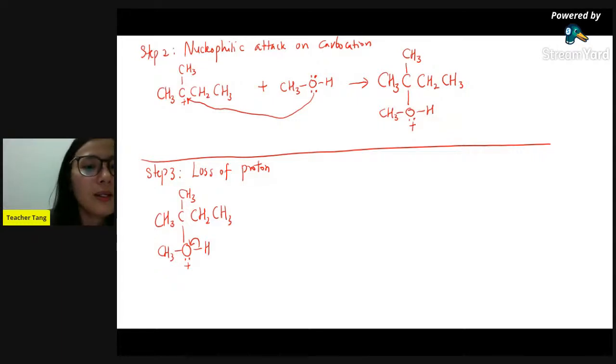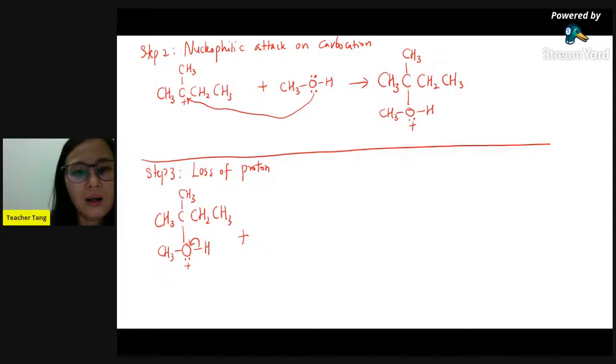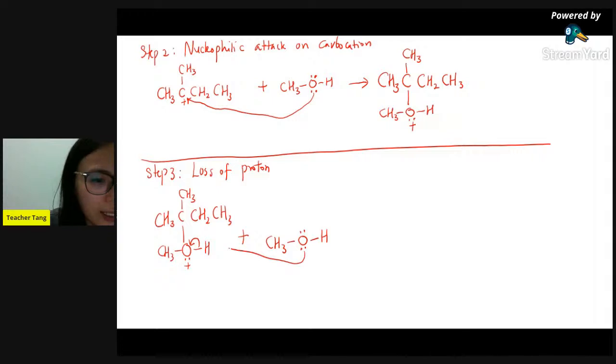Both electrons will be taken by the oxygen because oxygen is more electronegative. And then someone needs to remove the hydrogen. So who will remove the hydrogen? It will be the nucleophile, CH3OH. The nucleophile will use the lone pair to get the hydrogen.